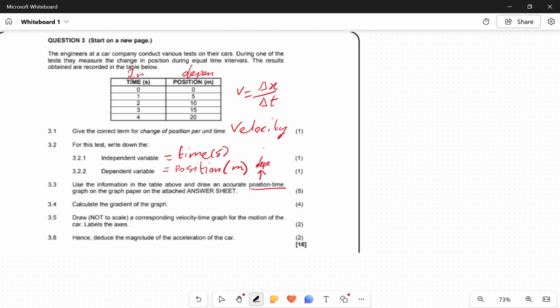That means it's going to be on the y-axis. The second mentioned thing will be your independent, and this one will be on the x-axis. Always check that out. Whatever is mentioned first becomes your dependent, the one mentioned second will be your independent, and the dependent will always be on your y-axis.